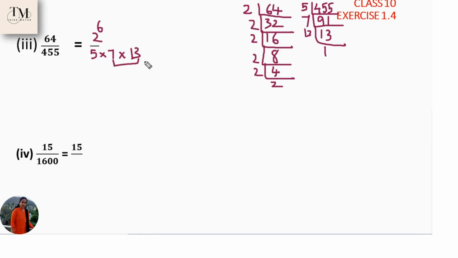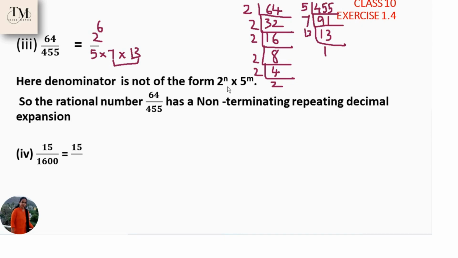This 7 into 13 does not fit the theorem, so we cannot say this has a terminating decimal expansion. It is not of the form 2 power n into 5 power m, so this rational number has a non-terminating repeating decimal expansion.